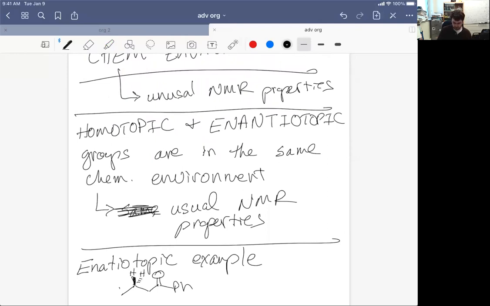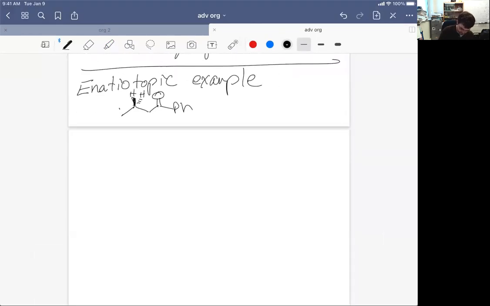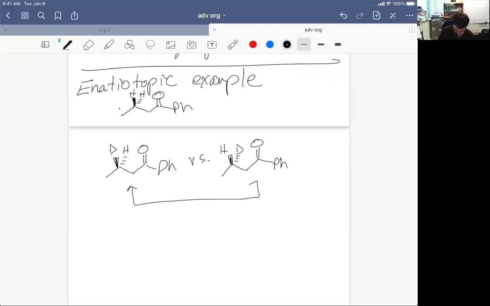Well, these two groups, if we do the test, we could have one where the wedge is a deuterium, one where the dash is a deuterium, and compare the two. We see that these two now have one stereocenter, and as a result, if we compare these two structures, we flipped the only stereocenter that was present, that is enantiomers.